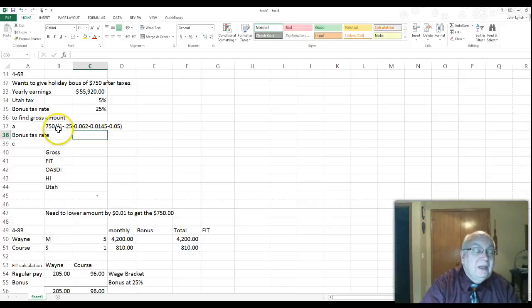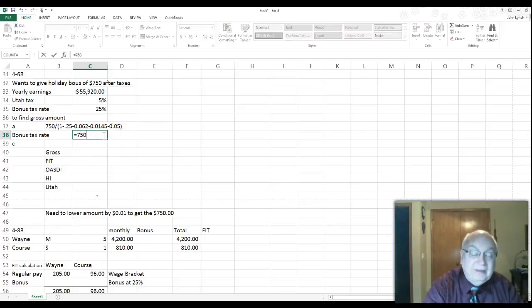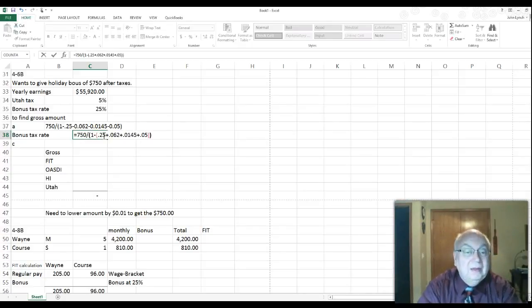Okay, so it's the 750, which is the gross amount you want, divided by 1 minus all these taxes you have to take. So if you did that, you have 750 divided by 1 minus, now I'm going to do it a little different, (0.25 plus 0.062 plus 0.0145 plus 0.05), and then close.